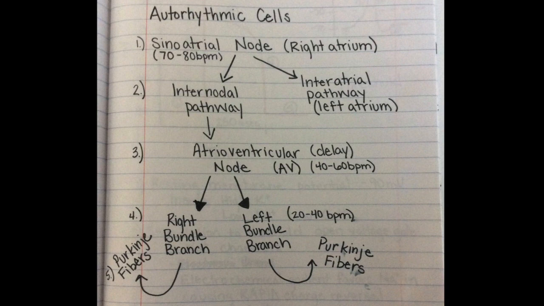Therefore, if the sinoatrial node is functional, all the other autorhythmic cells will take on the rate of the sinoatrial node of 70 to 80 beats per minute. If the sinoatrial node were to fail, the atrioventricular node would take over the rate-setting pace of the heart. The right and left bundle branches, as well as the Purkinje fibers, would take on the rate of the atrioventricular node of 40 to 60 beats per minute.